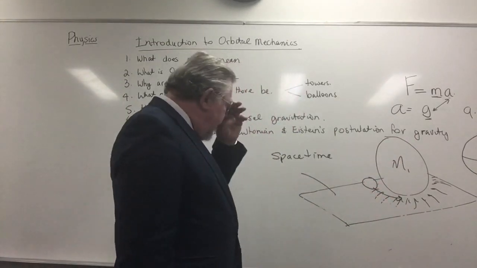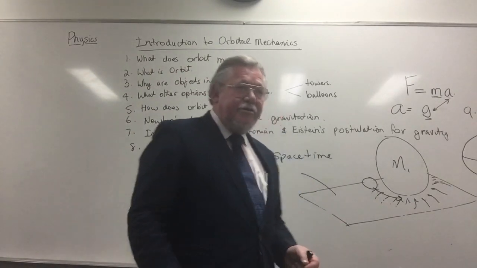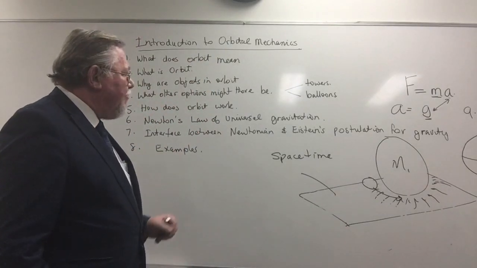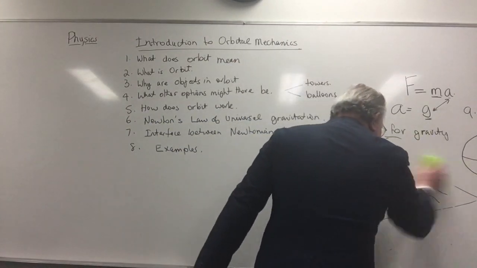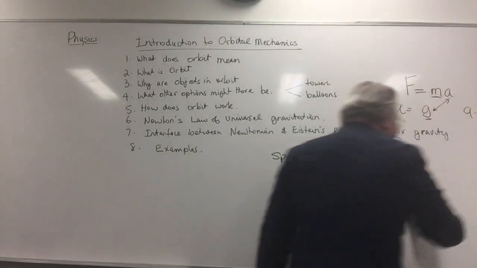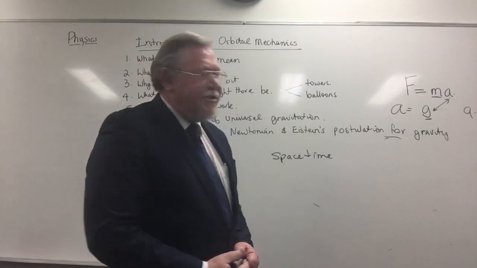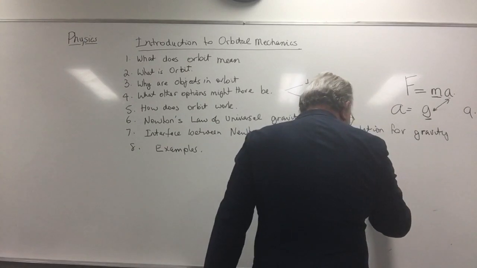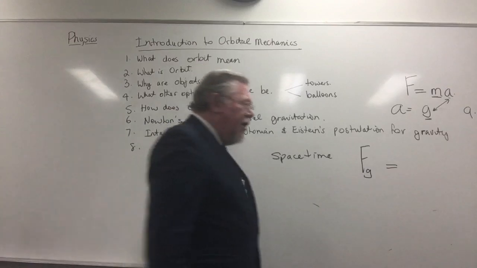Okay, let's do a little bit of mathematics tonight, and I've got a sheet there for you to do, so you can do it. So let's have a look at some examples of this. First of all, we'll have a look at Newton's main equation for universal gravitation. Please make sure you've got this in your notes. All right, so this is what you're going to need. So the force of gravity is equal to a universal constant.